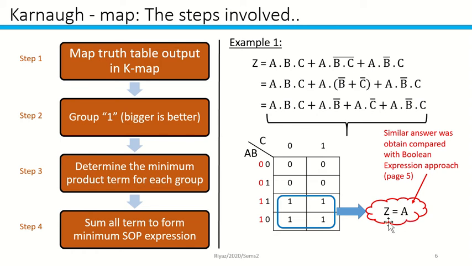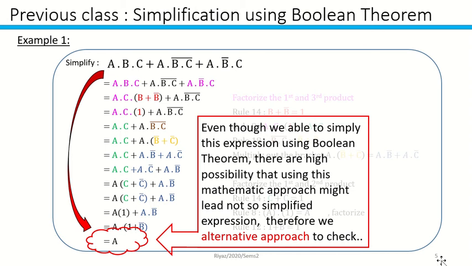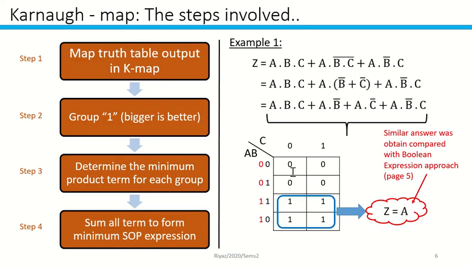When you simplify this particular expression, you get Z equals A, which is similar to the one on page number 5. I'm not saying the mathematical approach is not good, but instead of doing lots of steps, you can also use the K-map to get the answer.